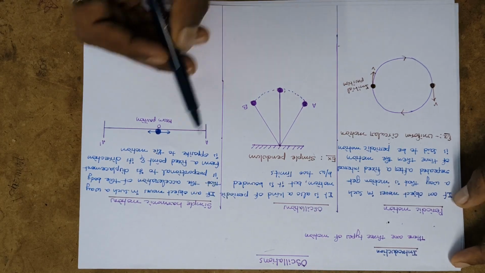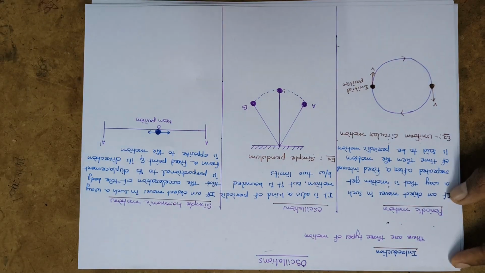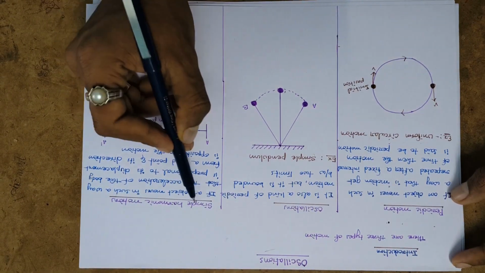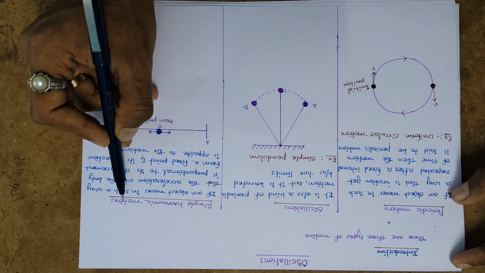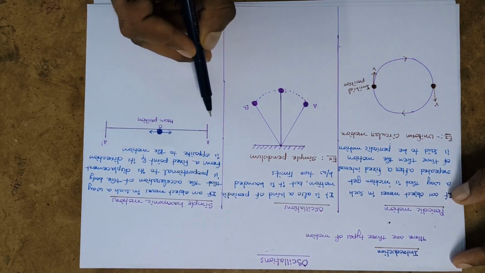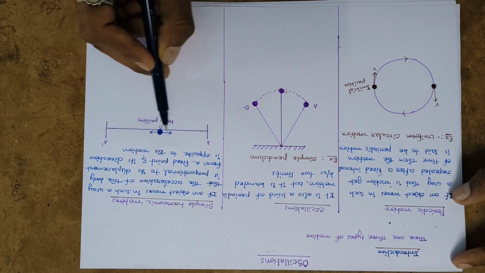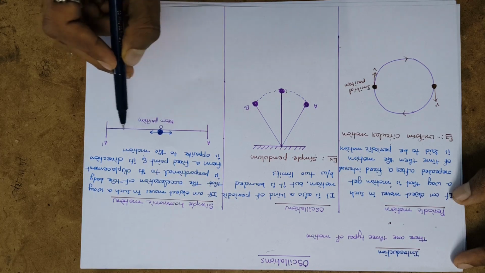Okay, now coming to the third motion, that is simple harmonic motion. Basically this simple harmonic motion is also a type of periodic motion, but the object needs to move along a straight line path. We are representing the motion of the particle as a straight line path.